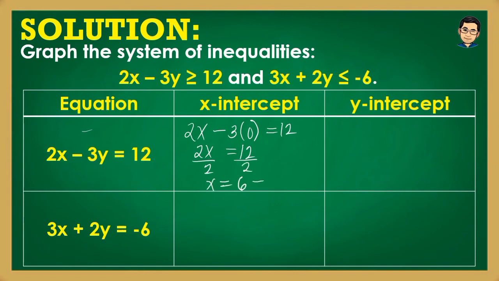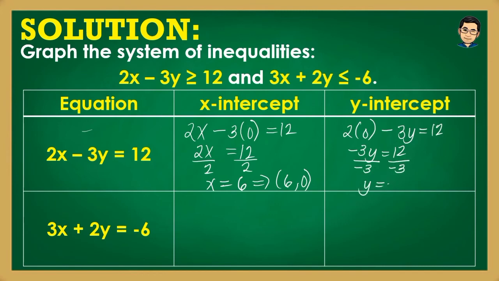So, yung x-intercept po natin is (6, 0). And then yung y-intercept naman po, 2 times 0 minus 3y is equal to 12. Magiging negative 3y is equal to 12. And then we divide both sides by negative 3. So, the value of y is negative 4. And then yung y-intercept natin, (0, -4).